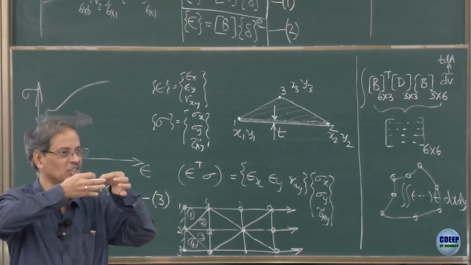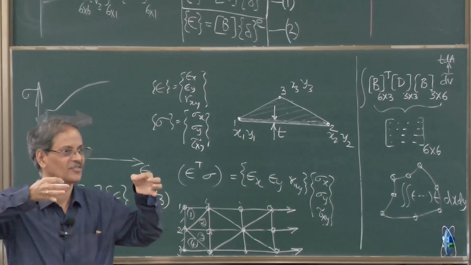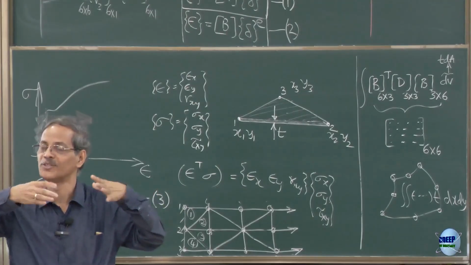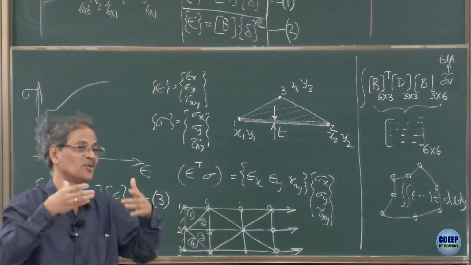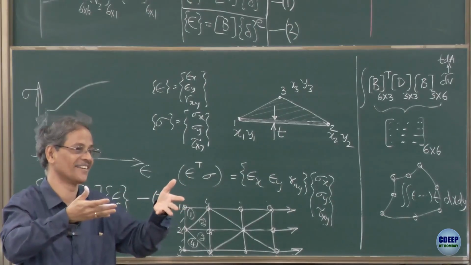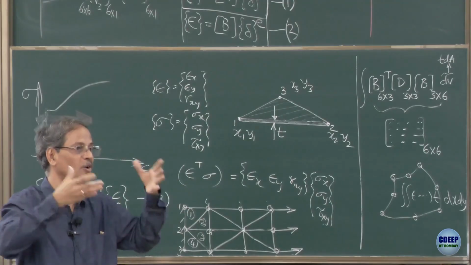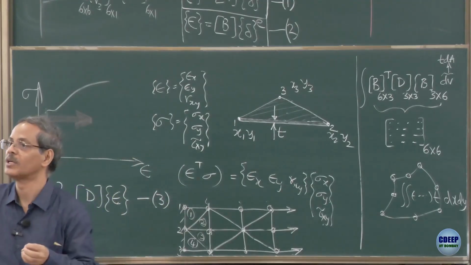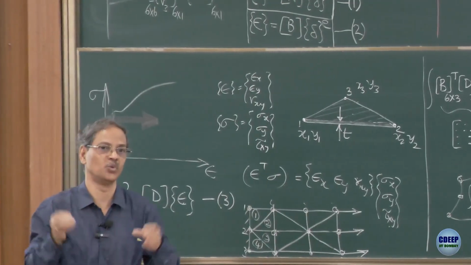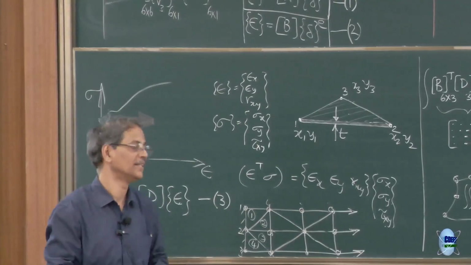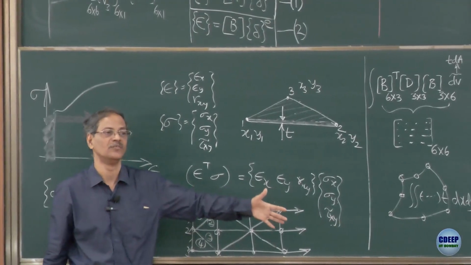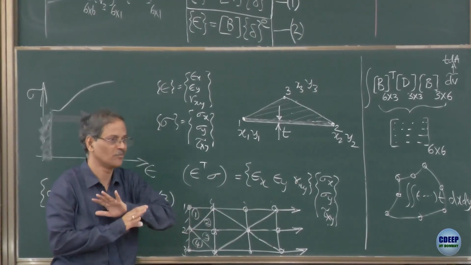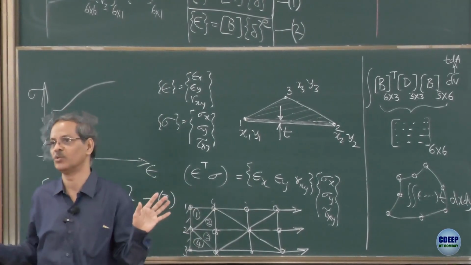Like a hairline fracture crack. Then you will have to resolve that crack. What should be the elements? What should be the mesh density there? Imagine. For all that, you need to be able to compute the element level matrix, do the assembly, and then apply the necessary boundary conditions and then solve. Without recourse to a computer program, there is no way you can do this.